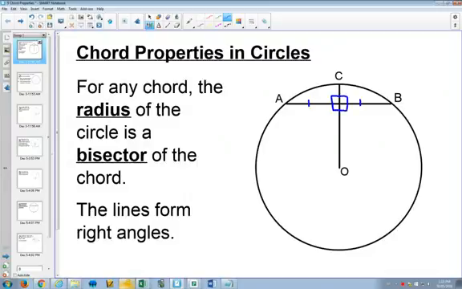So if you know that the angle between a radius and a chord is 90 degrees, then you know that it cuts it in half. And if you know that it cuts it in half, then you know that all of those angles are all 90 degrees. And right, when we draw the little square for an angle, that means a right angle, 90 degrees.